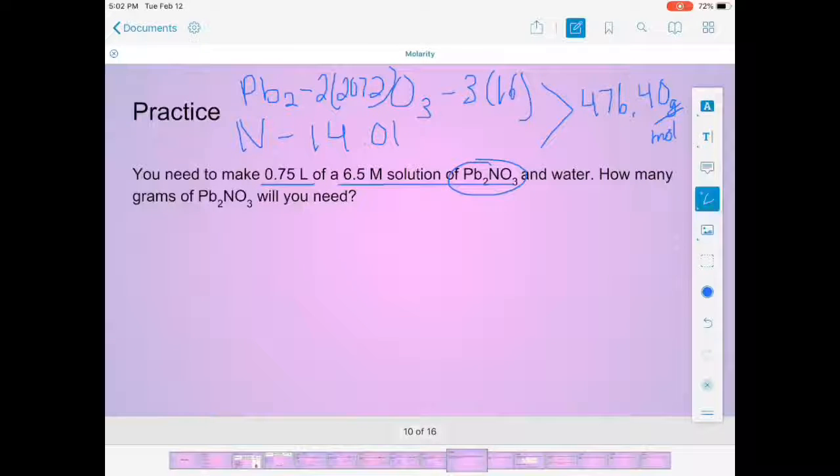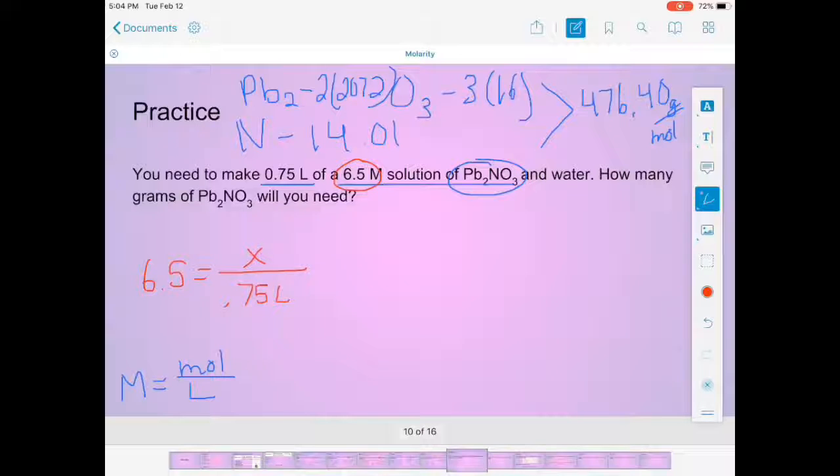All right, so that's step 1. Step 2 is to use our molarity formula here, which I'm going to write on the bottom again. Molarity equals moles per liter, to try and solve it backwards. So we know our molarity that we're going for here is 6.5, and we know that the volume we want is 0.75 liters, but we're not sure about moles yet. So we can go ahead and plug that into our formula.